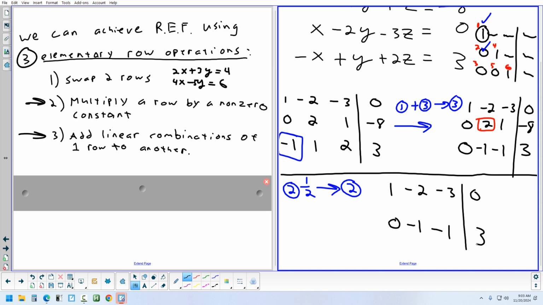Now what's my new row 2 going to be? 0, yep. 1. 0.5, that's not an awful decimal. If I had to multiply by like 1/7, I probably would have tried to find a better way. But multiplying by a half is fine. And my last number? -4. Okay, so now we got the 1, we got the 0, we got the 0, we got the 1.